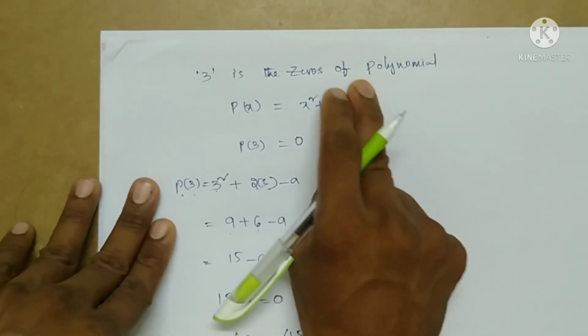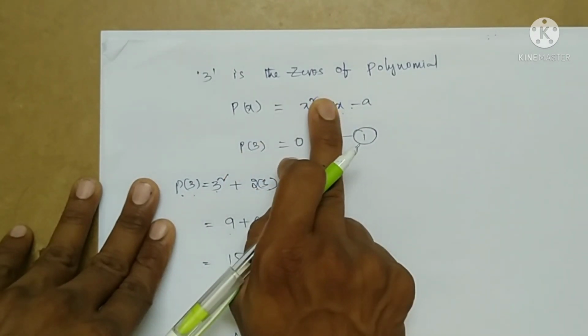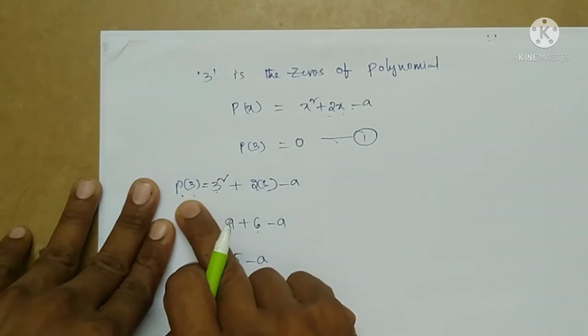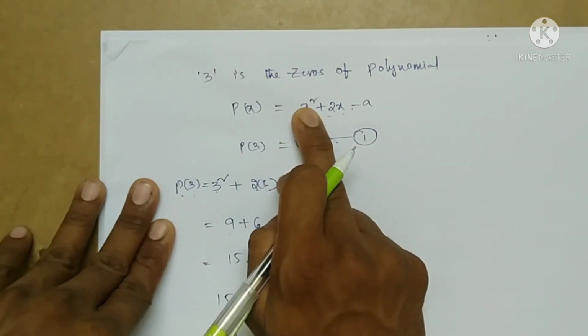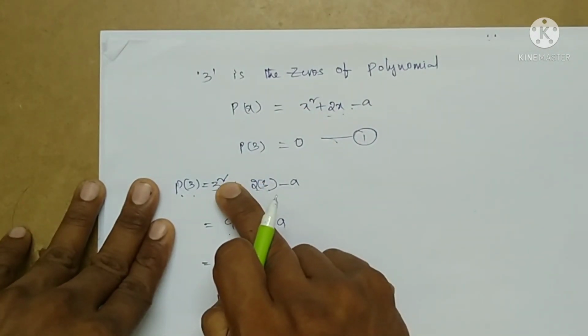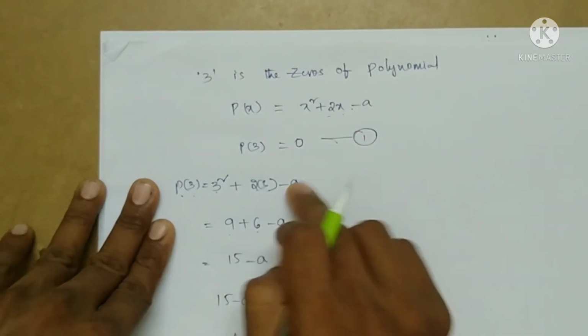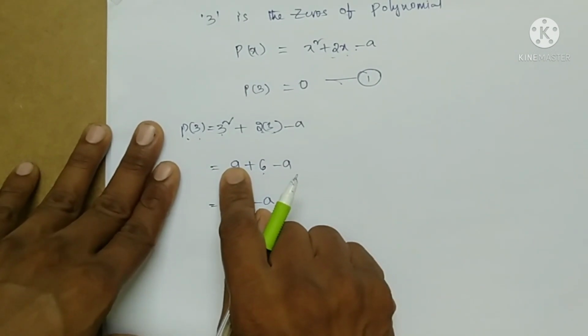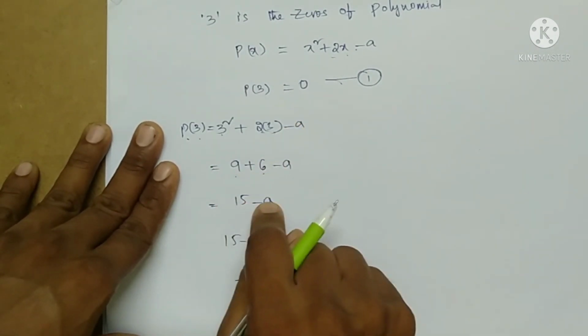We can find the value of the polynomial at x equal to 3. So p of 3 is equal to, substituting 3 instead of x, 3 square plus 2 into 3 minus a. 3 square means 9, 2 threes are 6 minus a, 9 plus 6, 15 minus a.